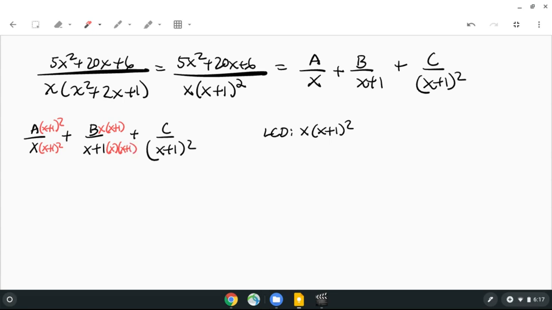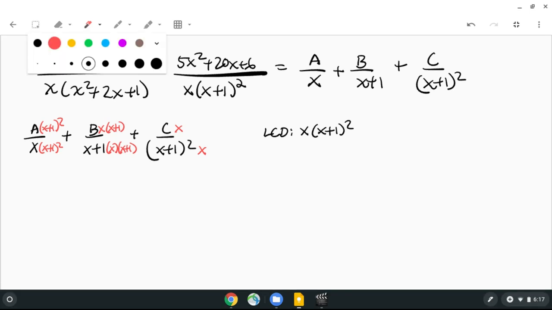And this last fraction, we need x. Let's go ahead and multiply these out. Again, now our denominator takes a back seat.